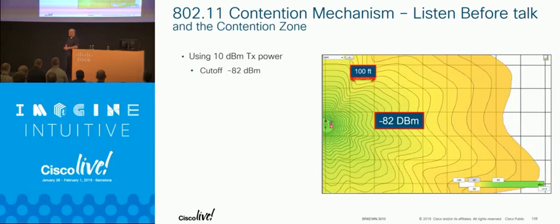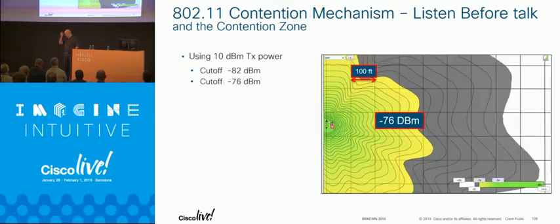And what does that mean? If I'm at minus 82 dBm for my threshold, my coverage on this, that's 100 square foot blocks there, my impact zone at minus 82 is huge. If I go to minus 76, which is what my secondaries are, that's still a pretty good size.